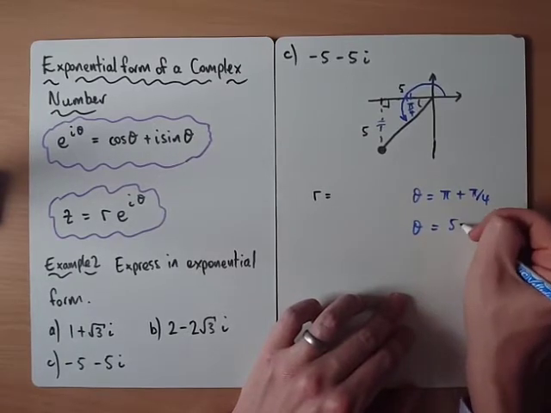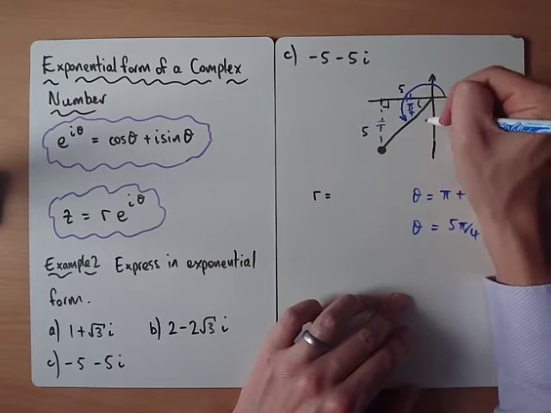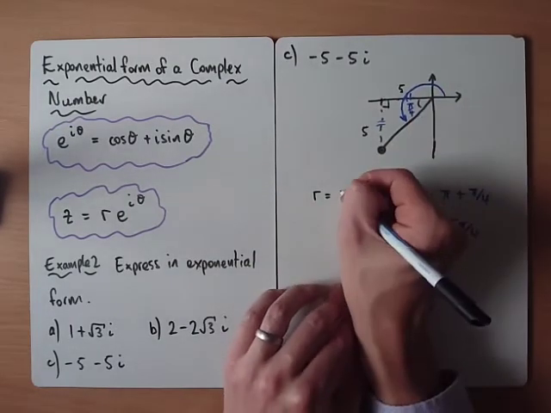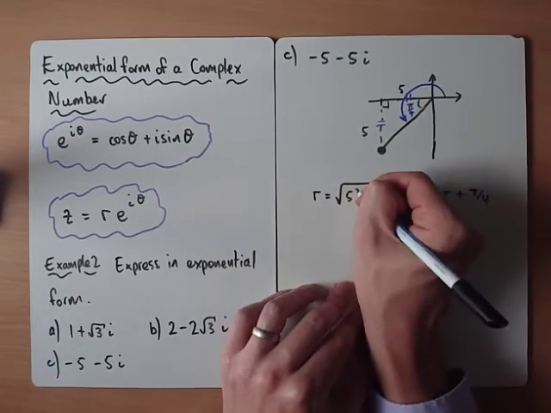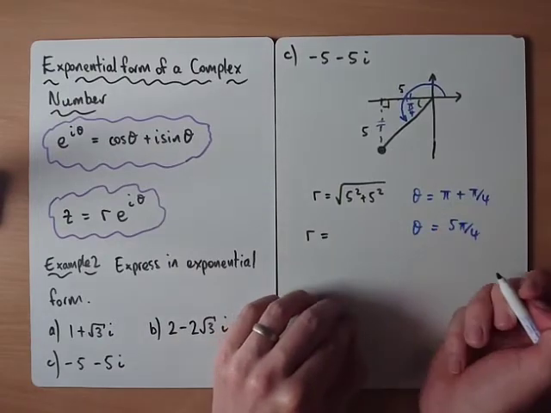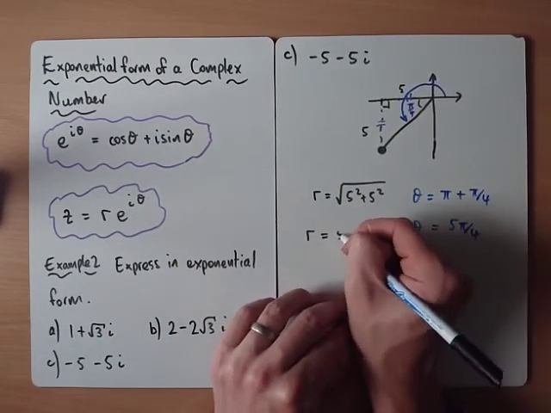So we could write it as 5 pi over 4. Alternatively, you could write it this way, and it would be minus 3 pi over 4. And then r, if we just do Pythagoras, square root of 5 squared plus 5 squared, which ends up being root 50, which is 5 root 2.